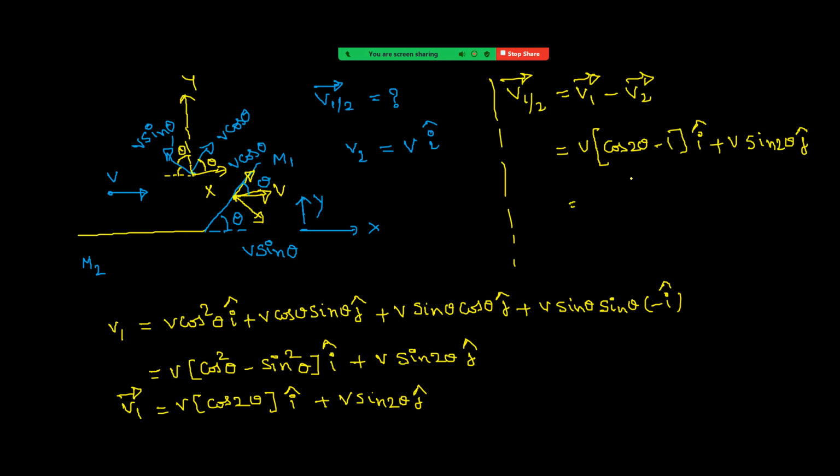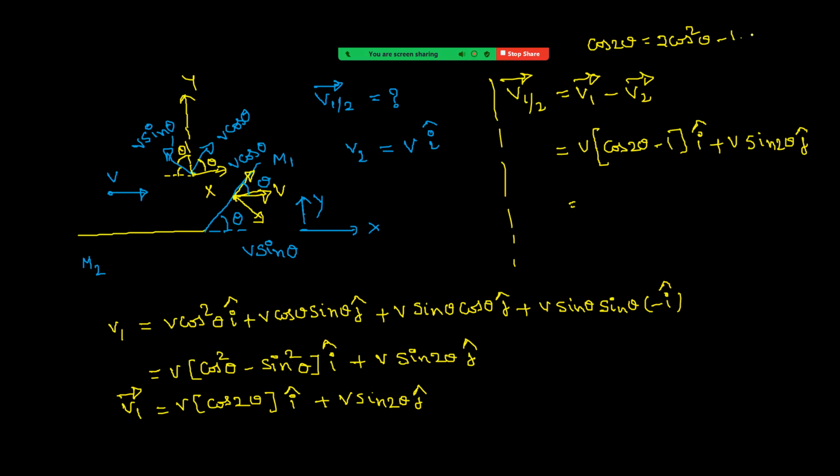Okay. If you want to simplify this, we know that cos 2 theta is equal to 2 cos square theta minus 1. But we want here cos 2 theta minus 1, right?